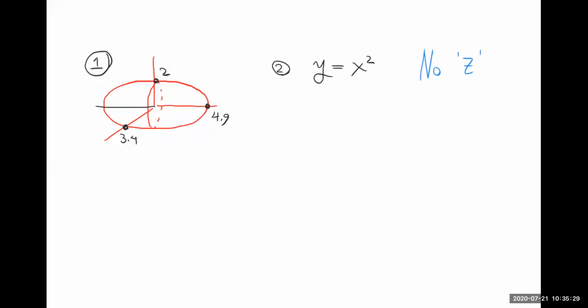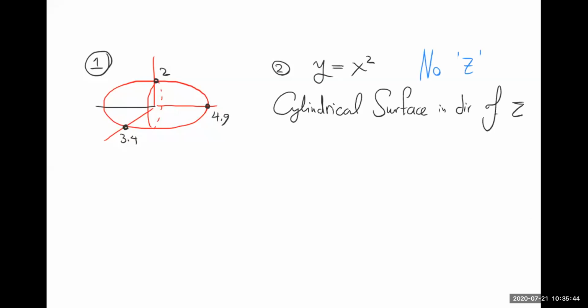Therefore, whenever one of the variables is missing, it would be a cylindrical surface in the direction of the missing variable, in the direction of z. So y equals x squared. It's something in terms of x and y. This is x, this is y. Y equals x squared, we know its graph.